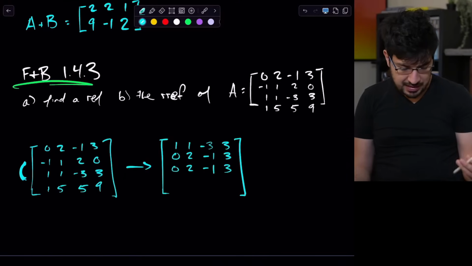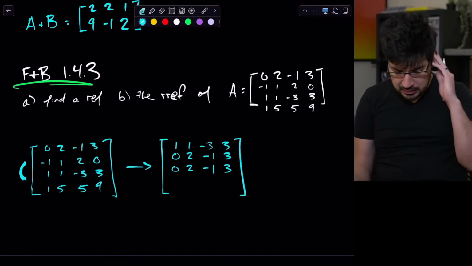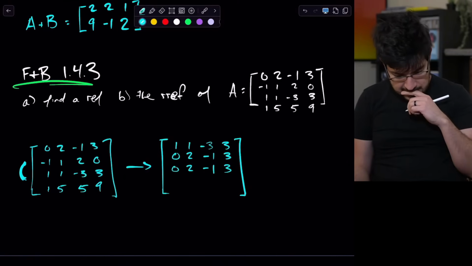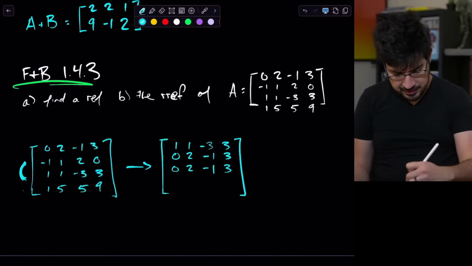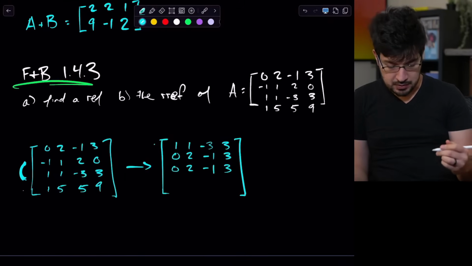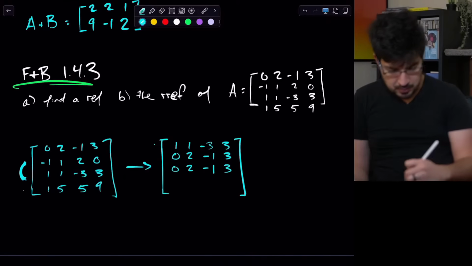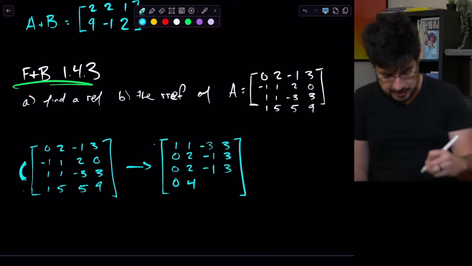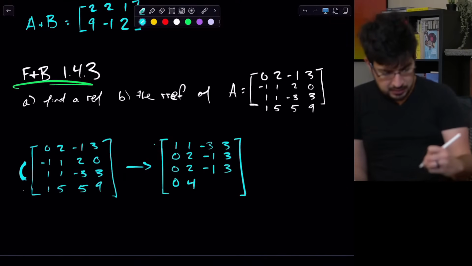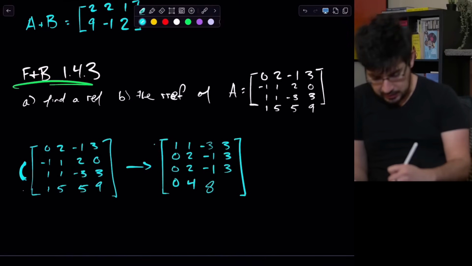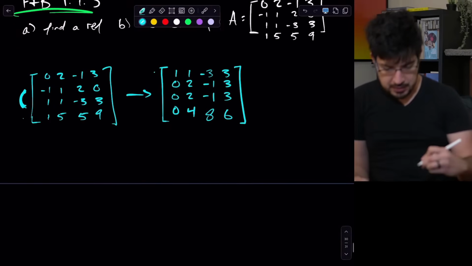We can add the second and last rows together, or maybe take 1, 5, 5, 9 and subtract the first row of the new matrix. So 1 minus 1 is 0, 5 minus 1 is 4, 5 minus -3 is 8, and 9 minus 3 is 6, right?